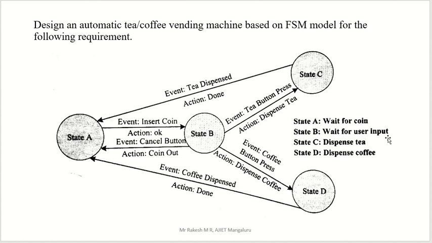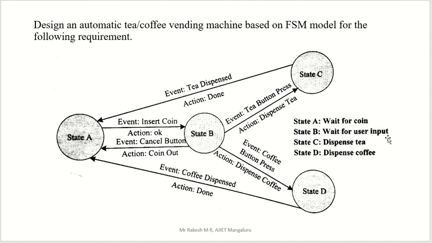Now you go there and put some coin inside the vending machine. Suddenly the display will ask you whether you need tea or coffee. You get that option only after putting in the coin. Now the user, that is you, has to enter whether you need tea or coffee.